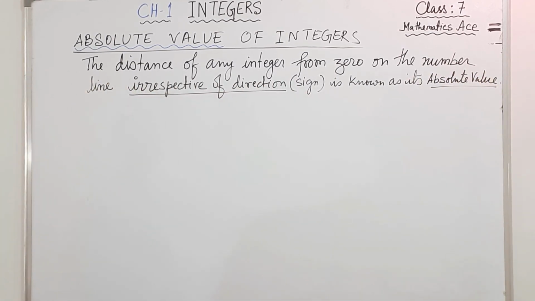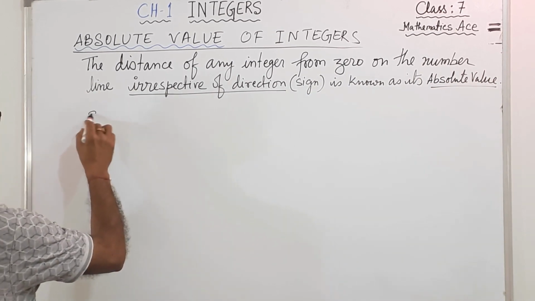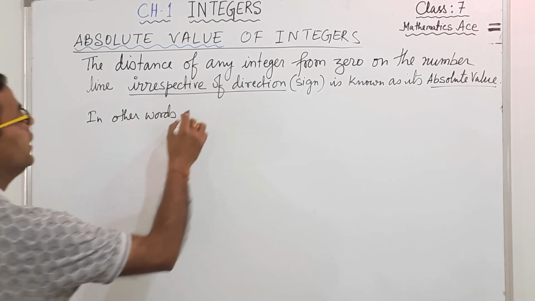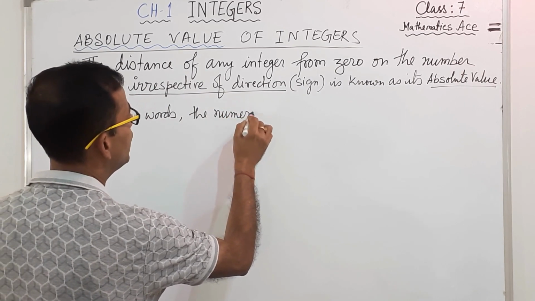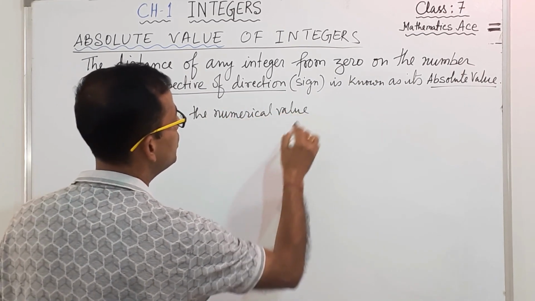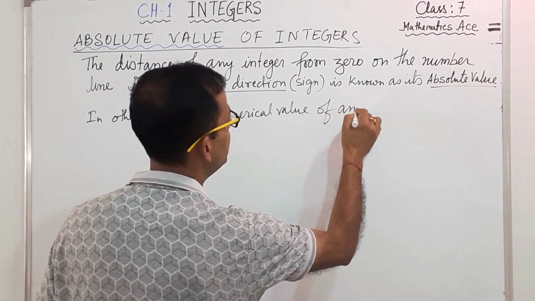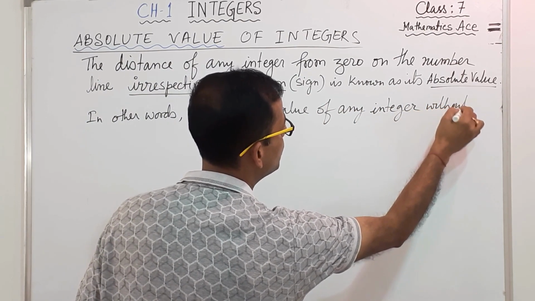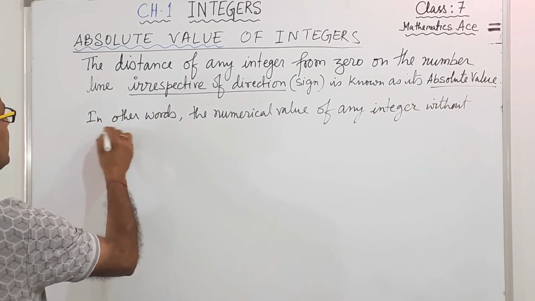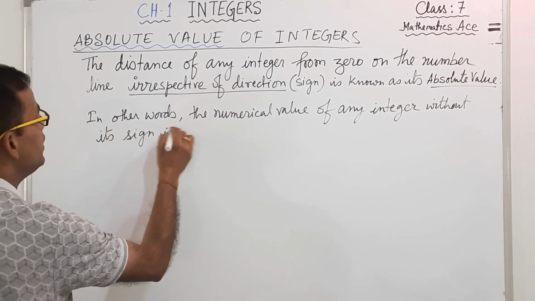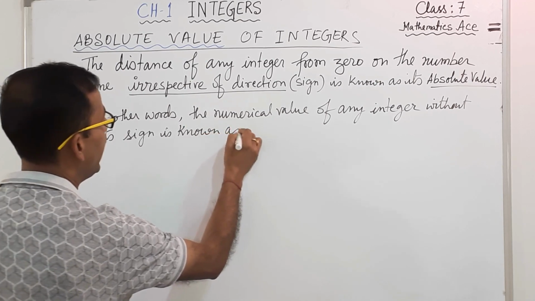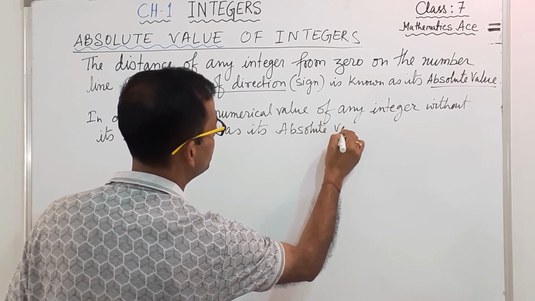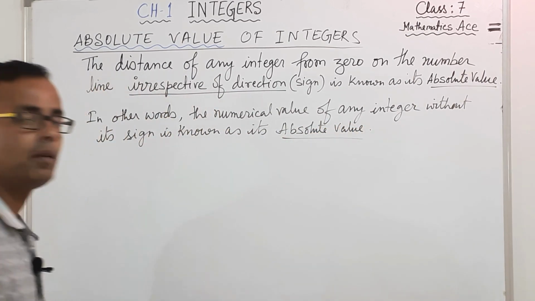Another way we can say, in other words, the numerical value of any integer without its sign is known as its absolute value. This also you can say, both are correct.